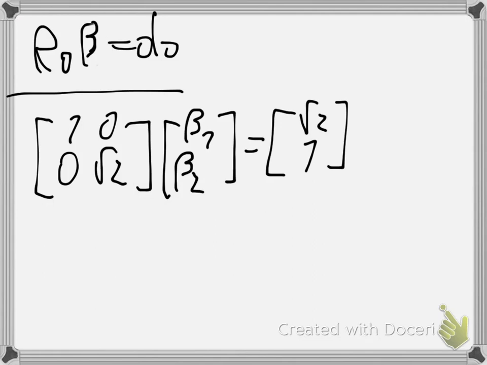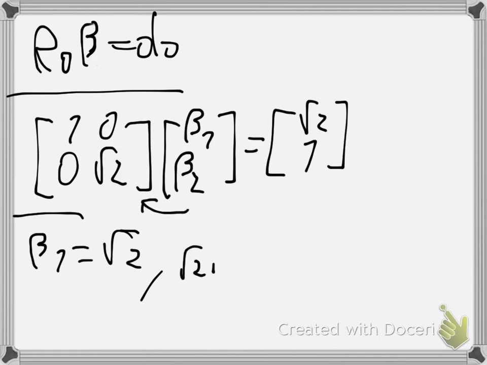And so you can put that in, you can solve the system. You will get that beta 1 is equal to square root of 2. If you multiply that matrix, you will get that square root of 2 times beta 2 is equal to 1.